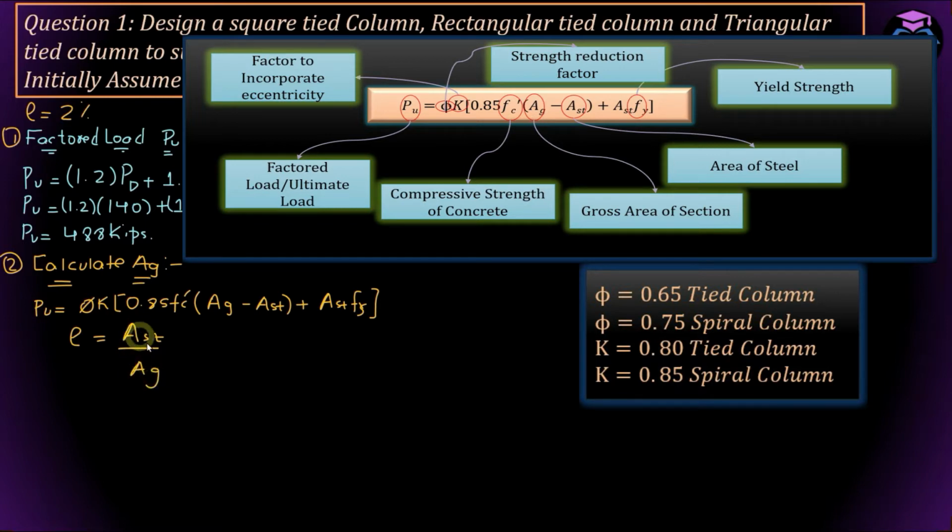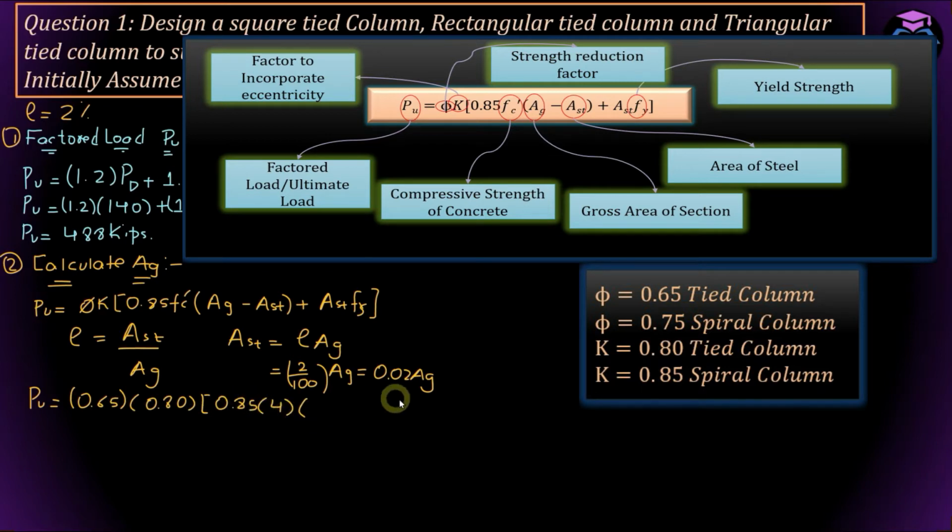If I take out Ast from here, this equation becomes, since rho is equal to 2%, 2 divided by 100 into Ag, which is equal to 0.02 Ag. We need to substitute 0.02 Ag in place of Ast, so this equation becomes, and substitute the value of Ast here.